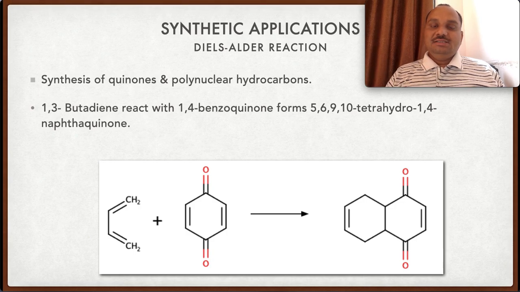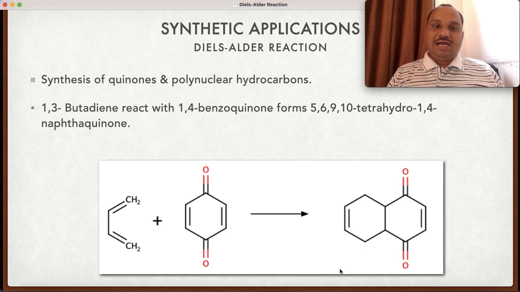Let us see the synthetic applications of the Diels Alder reaction. The Diels Alder reaction is used in the synthesis of quinones and polynuclear hydrocarbons. 1,3-butadiene, that is CH2=CH-CH=CH2, reacts with 1,4-benzoquinone. This is the 1,4-benzoquinone.